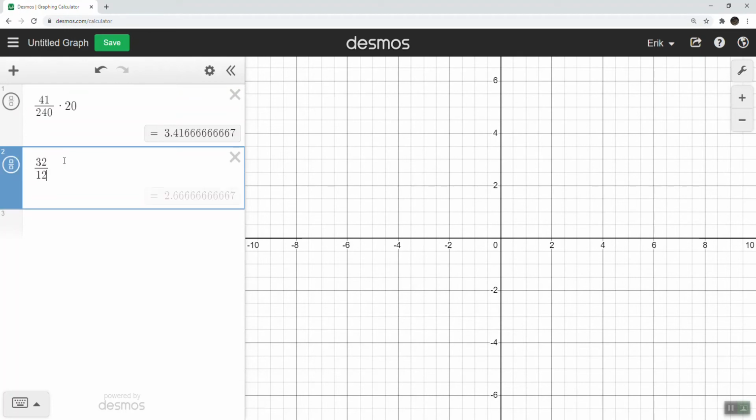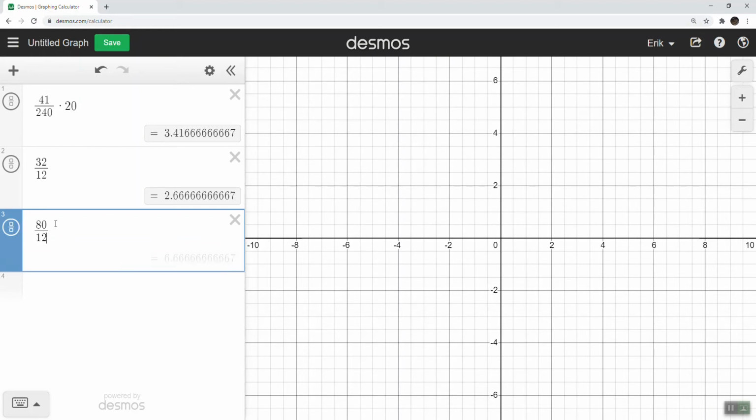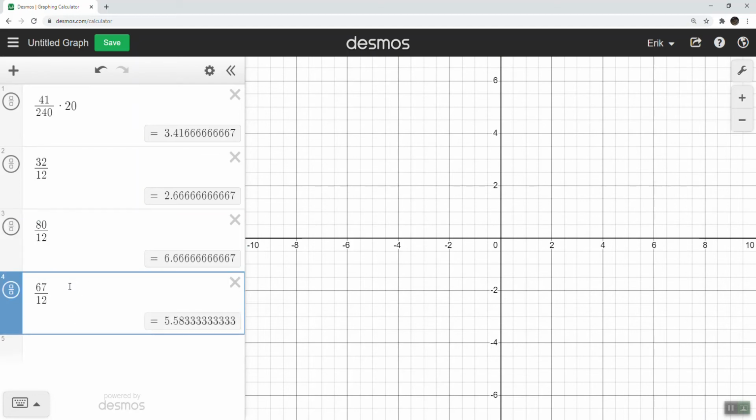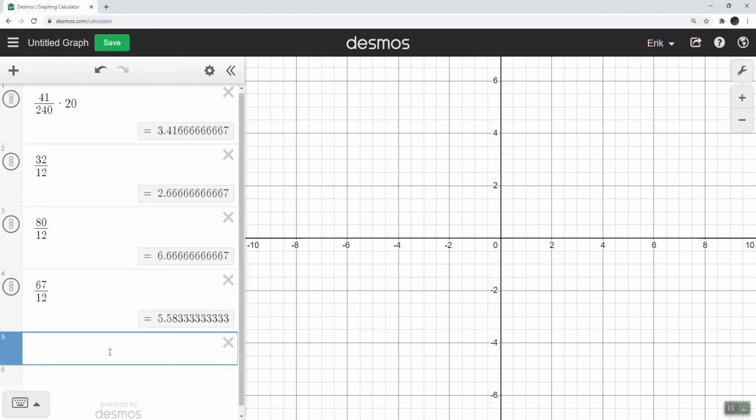32 divided by 12, 2.67 approximately. 80 divided by 12 gives us approximately 6.67. Notice I'm just doing 2 decimals for each of these. It doesn't particularly matter, but I think 2 decimals is a pretty good rounding to stick with.